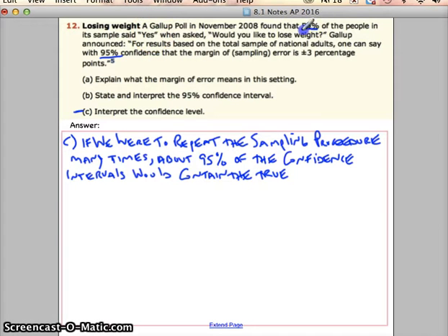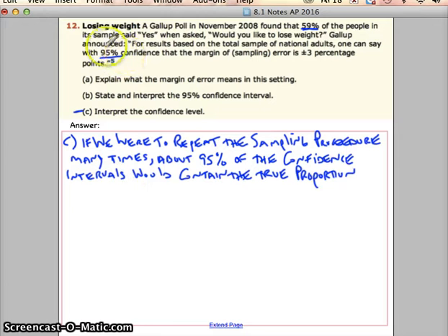We're interested in the amount of people who said yes out of a total, so 59%. So we're talking about a true proportion. Now this 59% is the sample proportion, but we're hoping that our confidence intervals contain the true proportion.